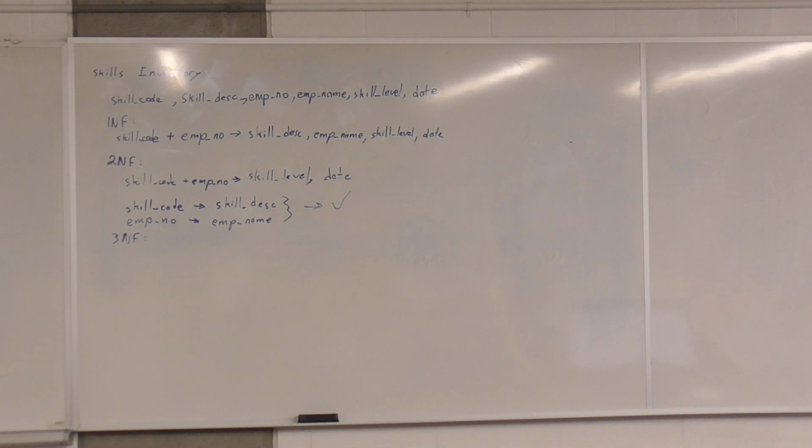So on this, does the date vary as skill level varies? No. Does skill level vary as date varies? But there's only just one date, so it would be an assumption, then, right? In fact, the date does not vary at all in this table.